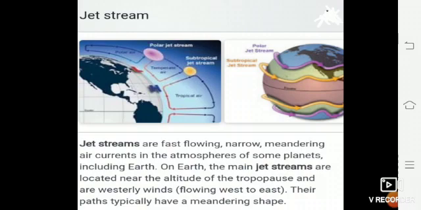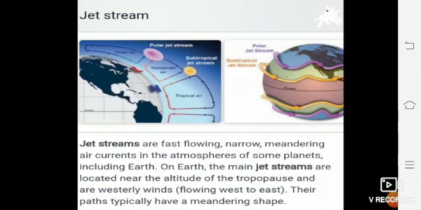There are some winds that influence the climatic condition of India, and one of them is the jet stream. Jet streams are simply defined as fast moving bands of air that move at very high altitude, near the troposphere. At 27 to 30 degree north latitude, throughout the year, they are known as the subtropical westerly jet stream, and at 40 degree north in summer, they are known as the easterly jet stream.